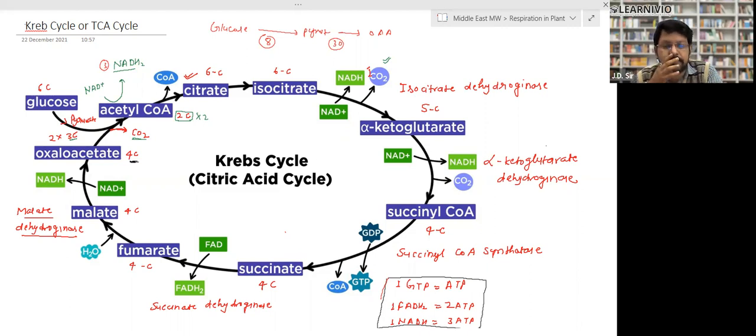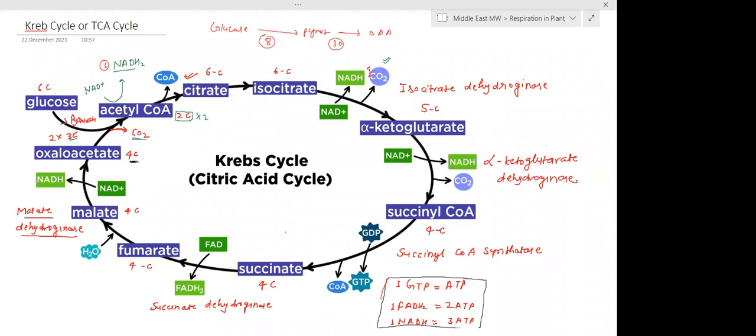This is perfect. This is sufficient for both of your purposes, school as well as your NEET examination. Because the cycle which is given in your NCERT is less informative. It is not sufficient enough, right? So that won't work, but this will be sufficient for you.